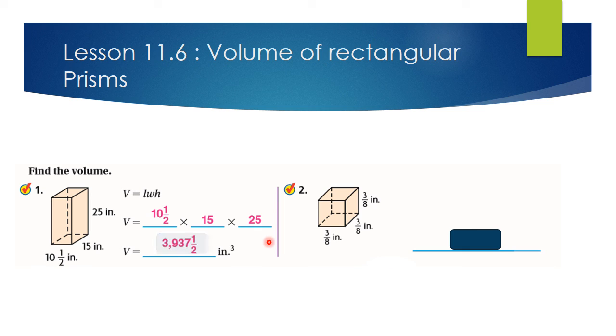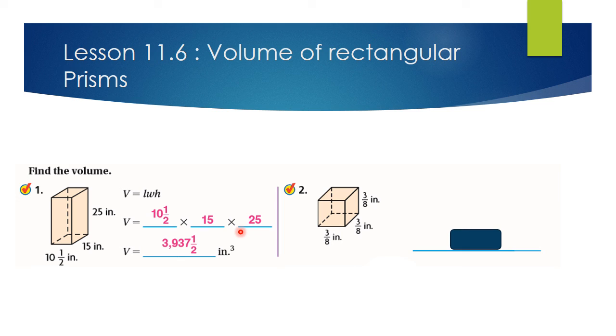In this case, the answer will be 3,937.5. It's easy to do 15 times 25 first. After we do it, we find the answer equals 375.